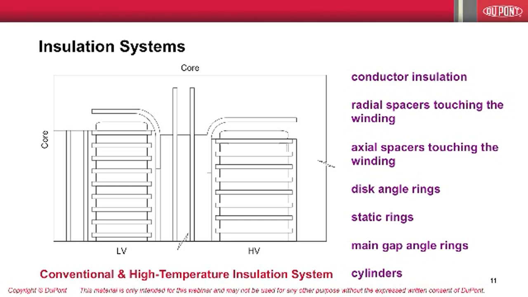The sketch reflects the rather uniform thermal capability of all of the components of this system. The same uniform sketch applies to the high-temperature insulation system as well, since nearly all of the components, including the liquid, operate at temperatures above that of the conventional transformer.